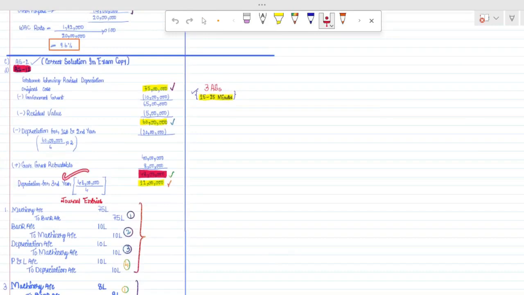Depreciation for third year, depreciation for first and second year, original cost, government grants, residual value, depreciation for first and second year. This is the correct solution.